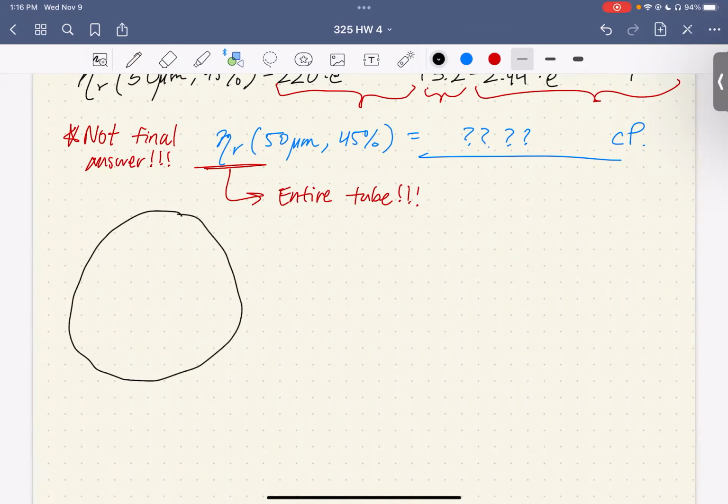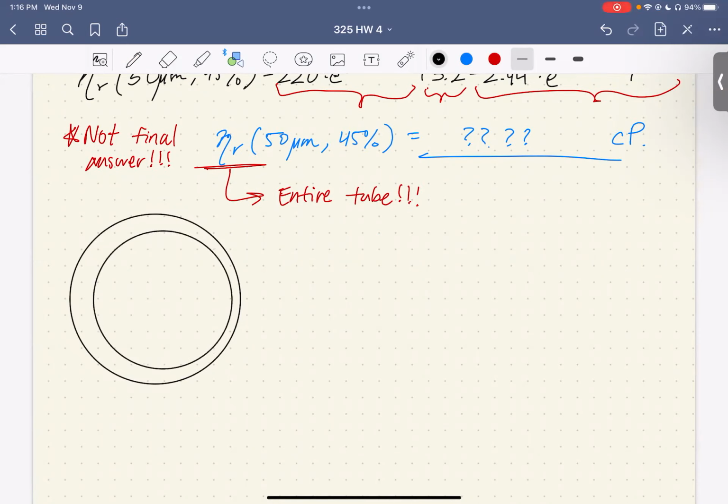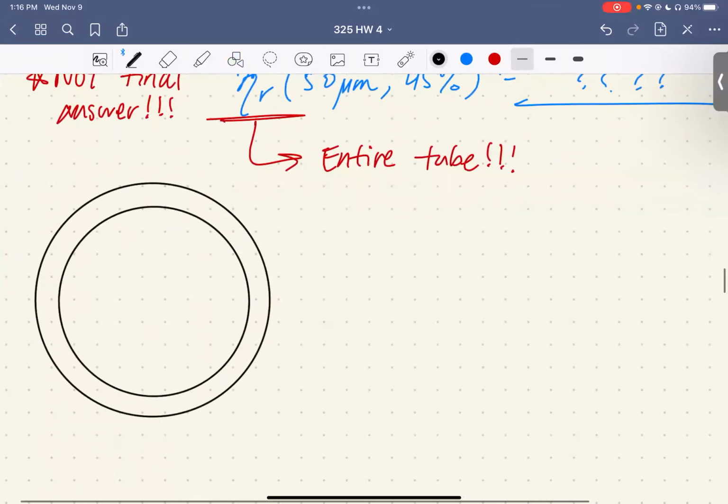I'm going to draw a cross-sectional area, right, of what we're looking at. And we have right over here a radius R, big radius R. Then we can say this is just small r, B for blood, right?